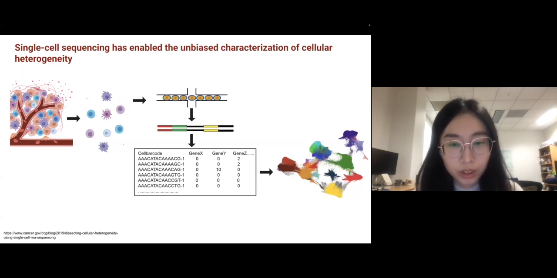As shown here as a very big matrix, we're able to use machine learning and many computational methods to do dimension reduction and other methods to understand the similarity and the variance of the cells. But this is probably not enough, even though they show a lot of interesting biology.